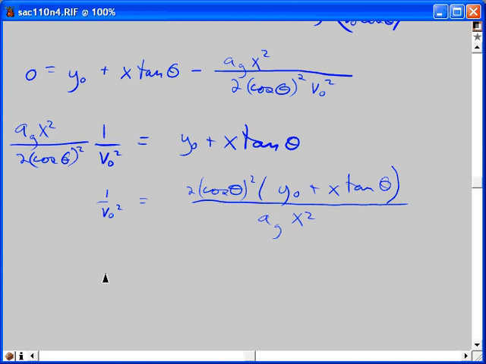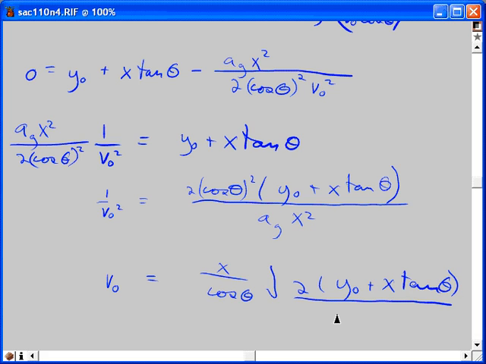Then I'll take the reciprocal of both sides and take the square root of both sides. So I'll get, I guess, the square root reciprocal of x over cosine of theta out here times the square root of 2 y0 plus x tan theta all over a sub g. Is that right?